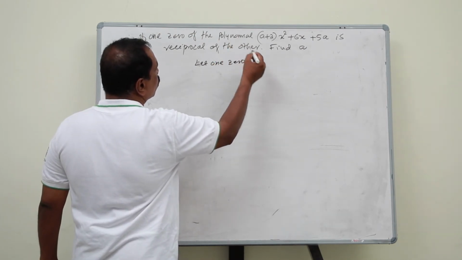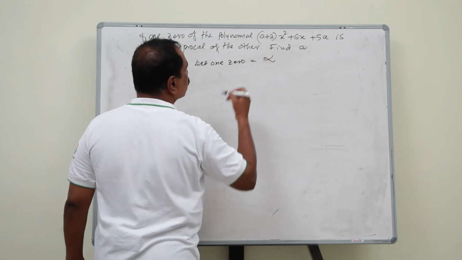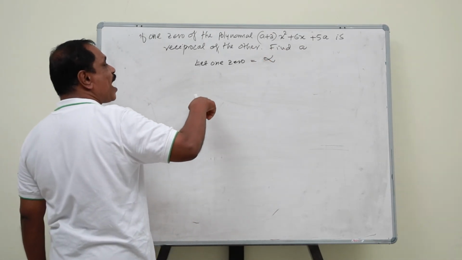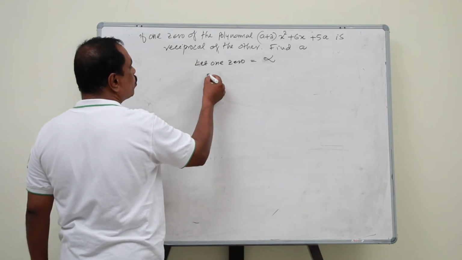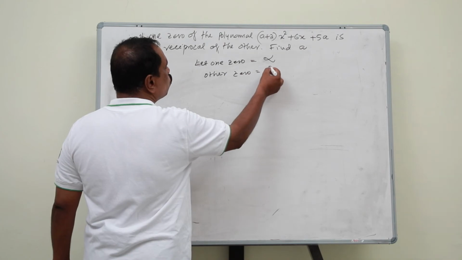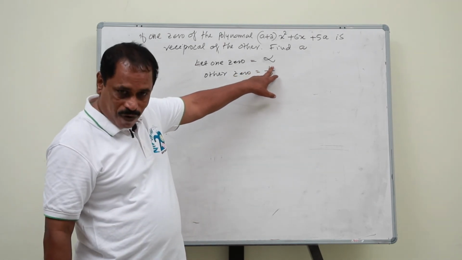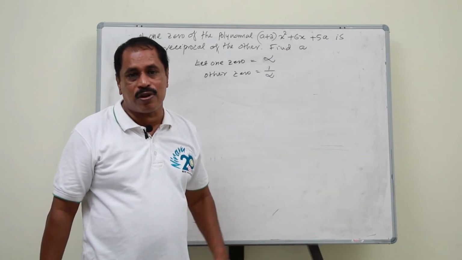Let one zero be alpha, and we are given that the other zero is the reciprocal, so the other zero equals 1 by alpha. Correct? If one zero is alpha, the other is 1 by alpha.